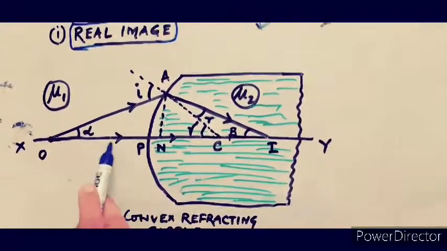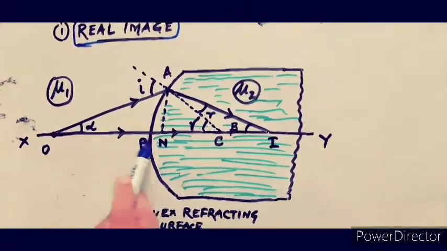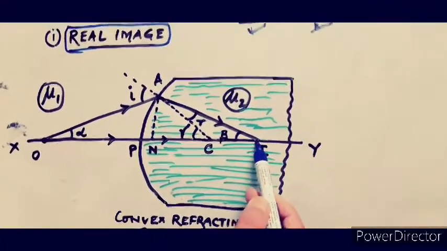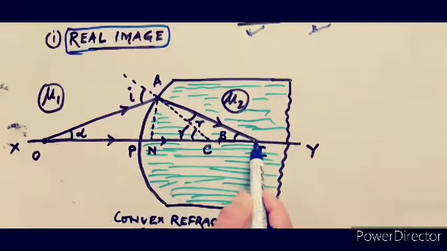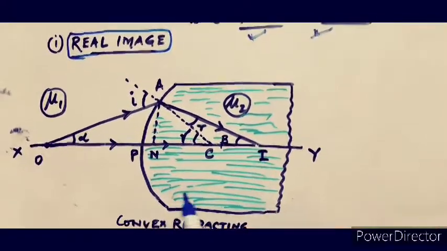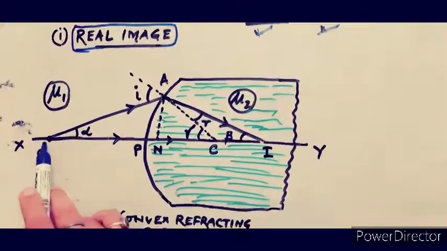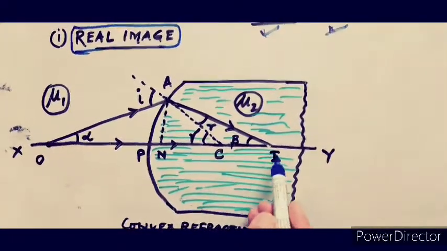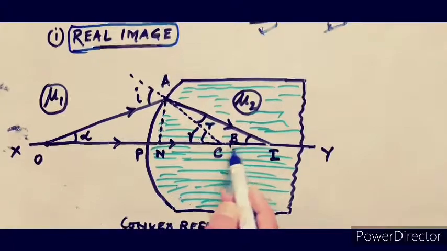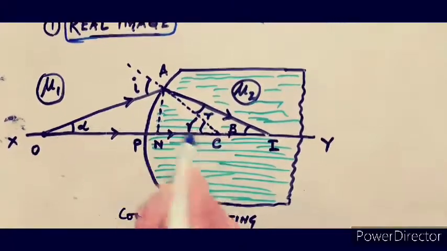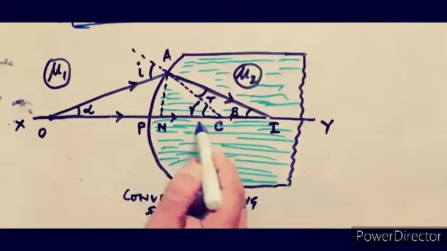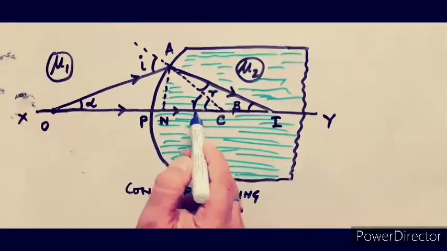Finally, one ray is passing directly and both the rays are meeting here. So that is the image formation at point I. I is the image. The angle subtended by the object with the principal axis is alpha, and the image is forming an angle beta, and the line joining the center of curvature and the point of incidence, that means the normal, is making a small angle gamma.